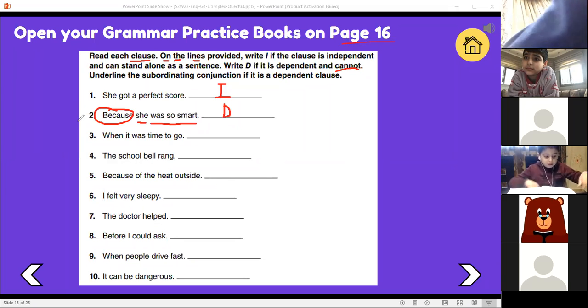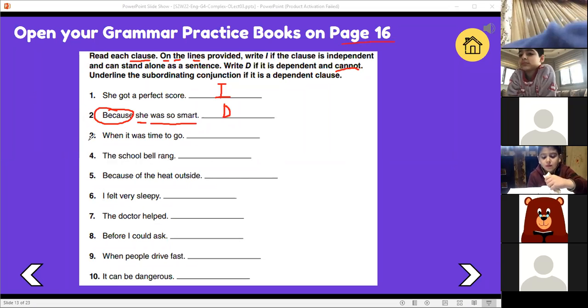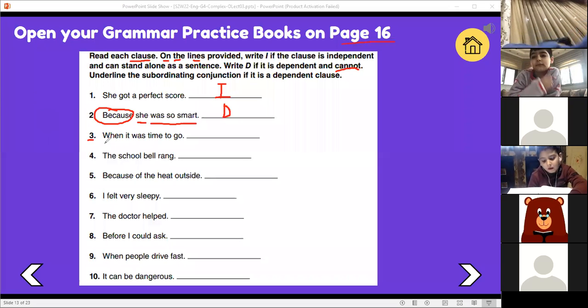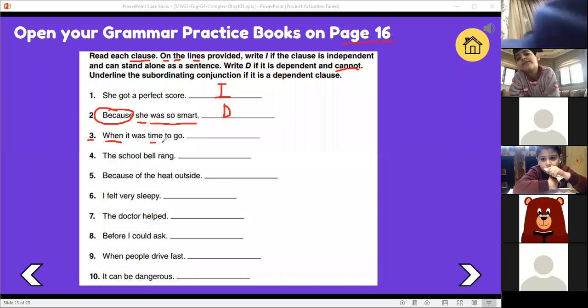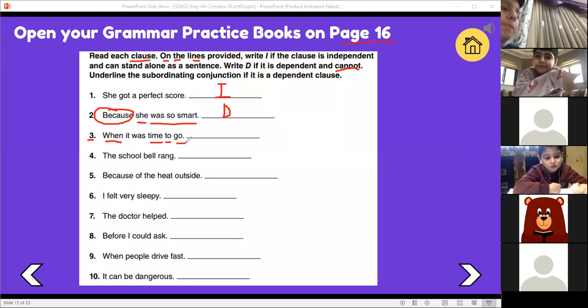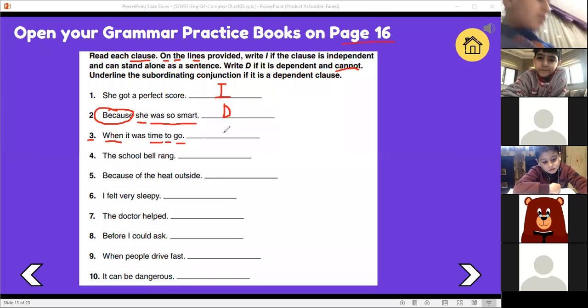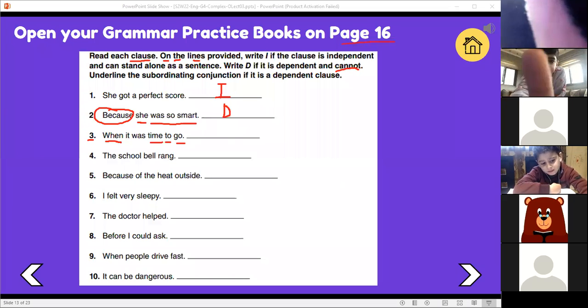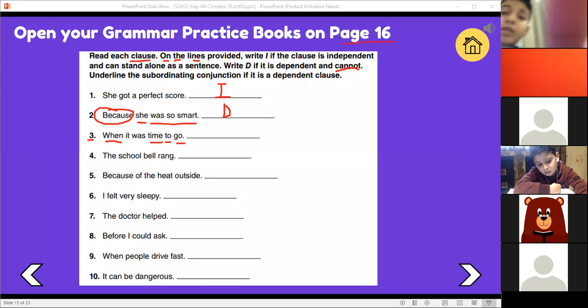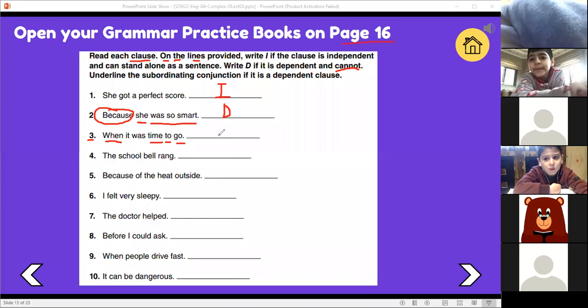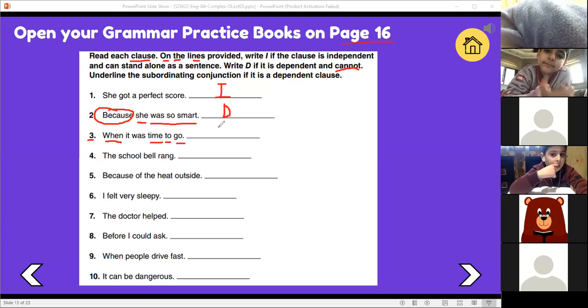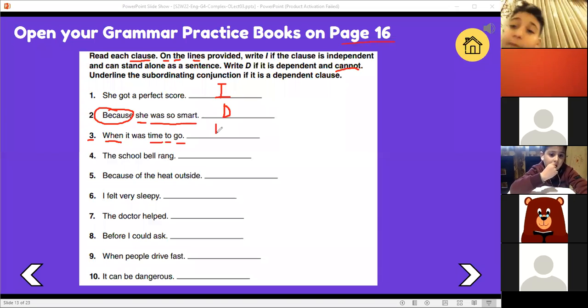Yalla Rida, read number 3, please. When it was time to go. Is it dependent? Dependent.